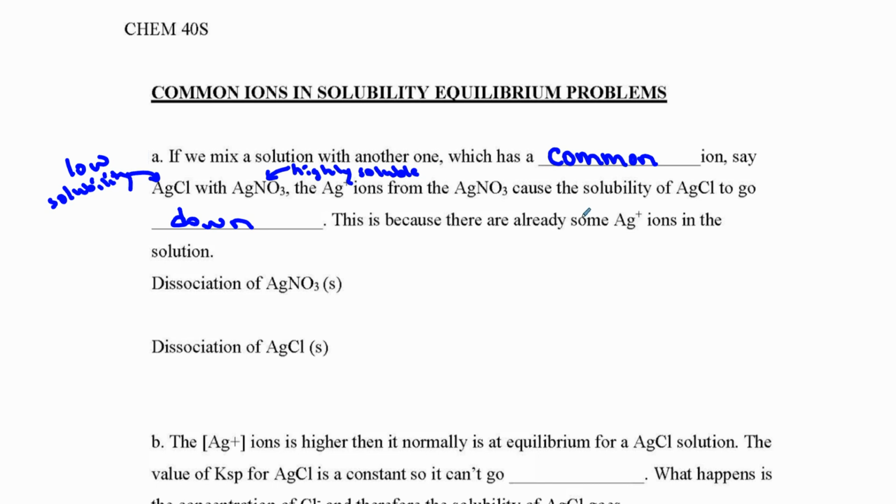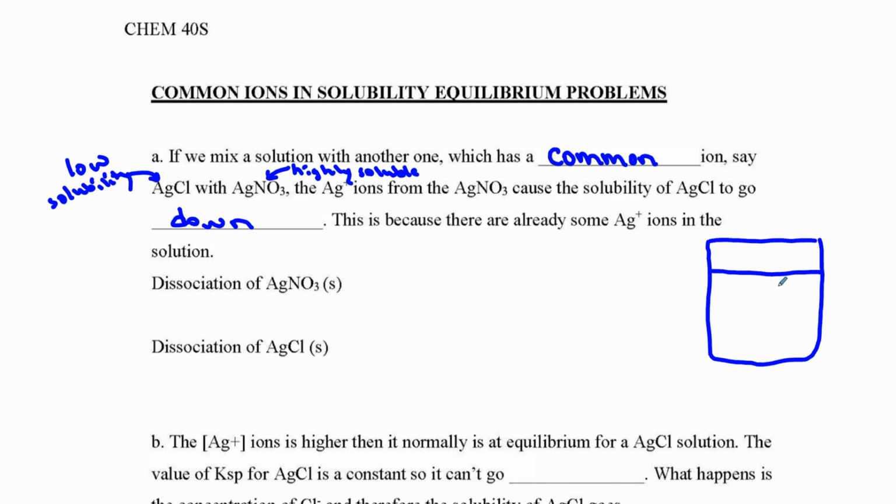Okay, so why does the solubility of AgCl go down when these two things are combined? This all ties back to Le Chatelier's principle. So here's our beaker. It doesn't matter which gets added to which, or which one was in the beaker first.